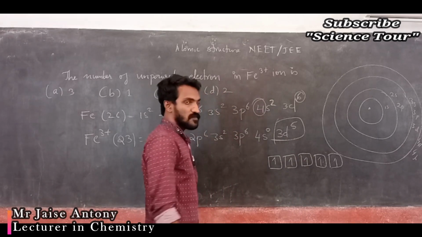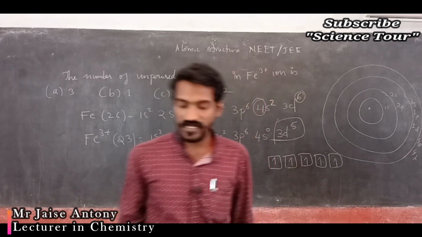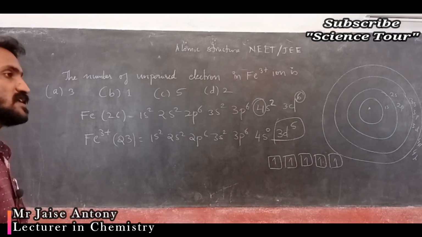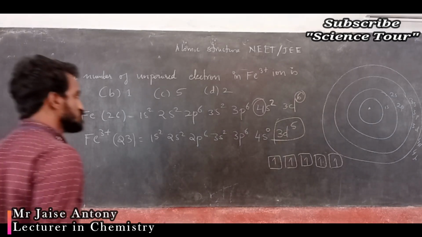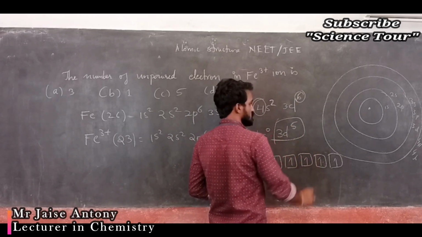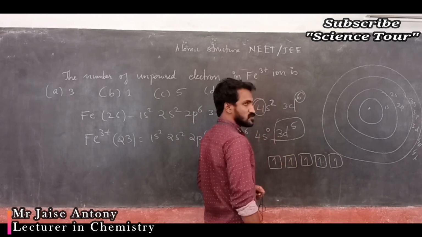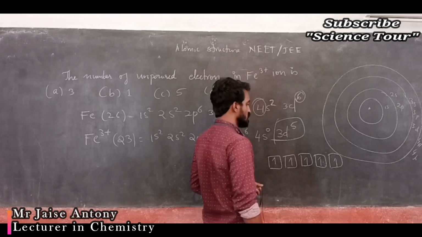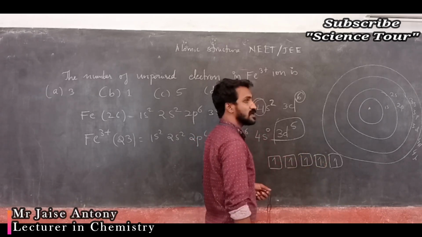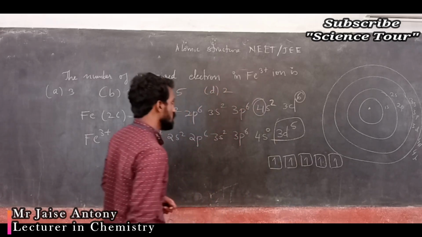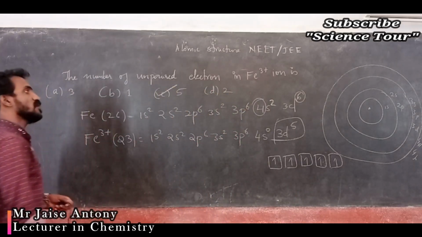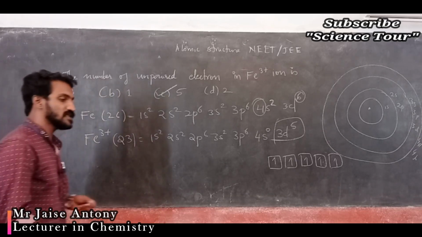Hund's rule of multiplicity says if 5 degenerate orbitals are there, you have to give 1 electron to each first, later pairing will take place. So here we give 5 electrons to the 5 orbitals, and no more electrons remain. So each electron in these orbitals is unpaired. How many unpaired electrons are present in Fe3+? 5 unpaired electrons are present in Fe3+.